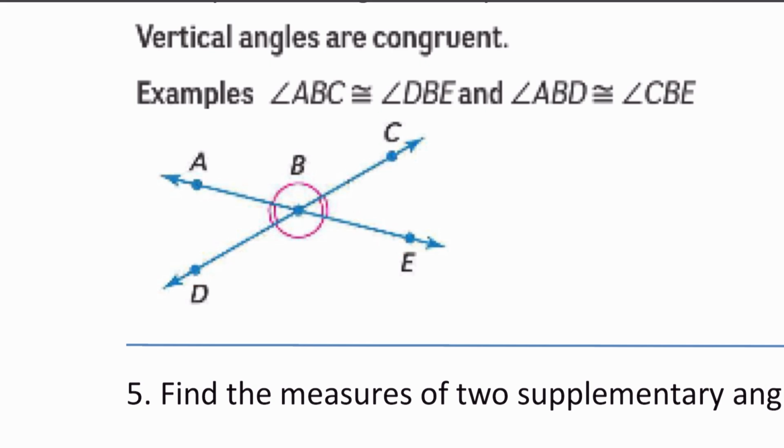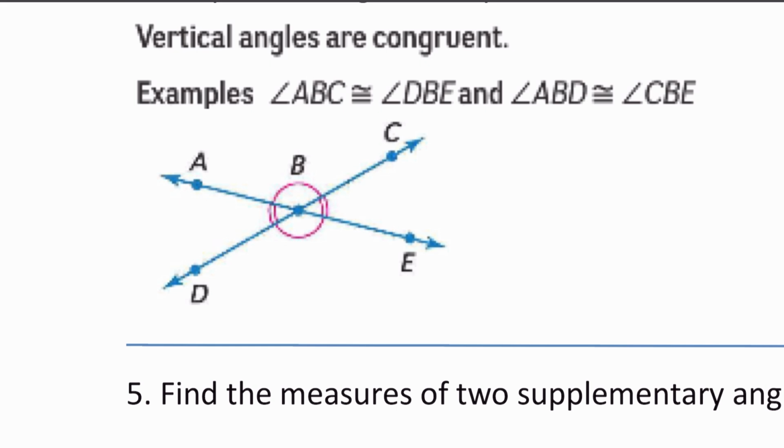Those two angles are congruent to each other, and we use two arcs instead of one to indicate congruency. So I have 1, 2, 1, 2. Okay? And the reason why I'm using two arcs instead of one is because I want to show that these two angles are congruent. Specifically, these two angles are congruent.